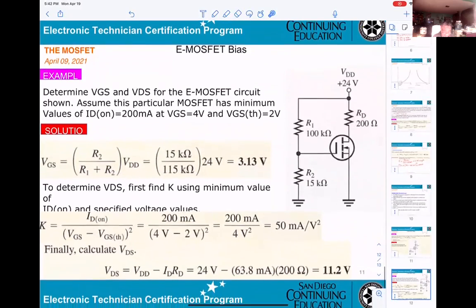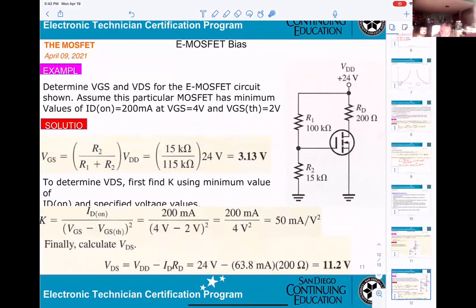Determine VGS and VDS for the MOSFET circuit. Assume this particular MOSFET has a minimum value ID(on) of 200 milliamp at VGS equal 4 volt and VGS(th) equal 2 volt. Basically this is a voltage divider circuit, so you know how to calculate the voltage here.